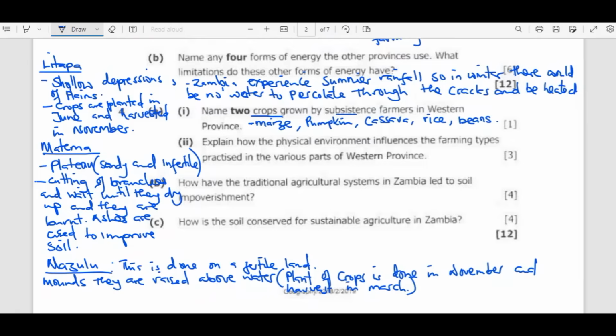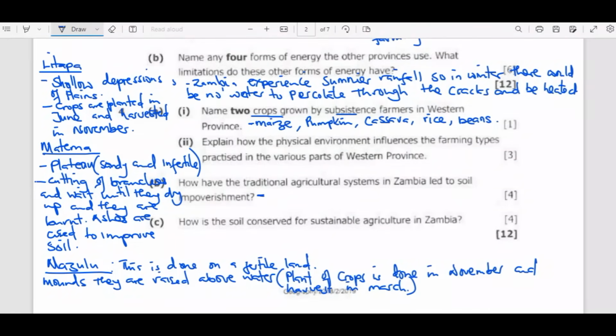Number one, once the land is cleared, they burn the branches that are cut, and then the ashes are used to improve the soil. So that is what we mean when we say one of them.